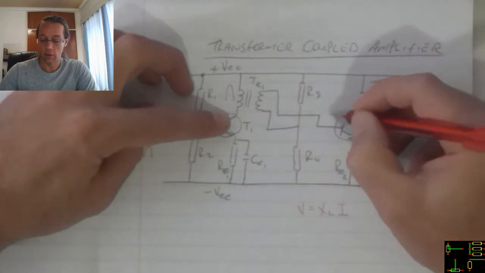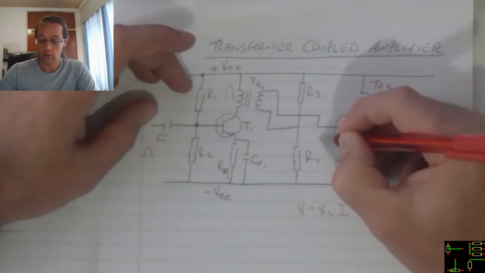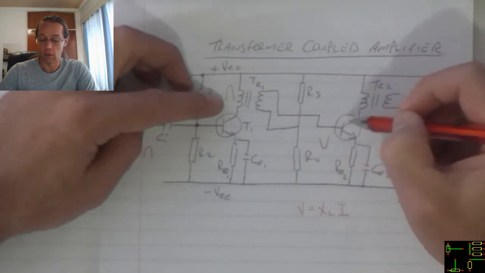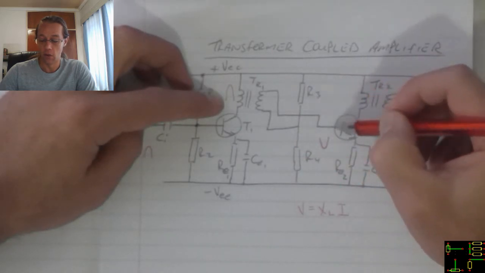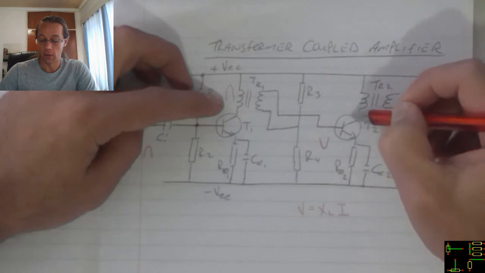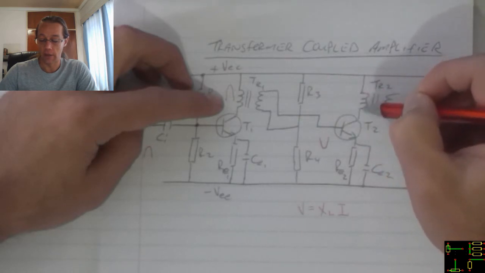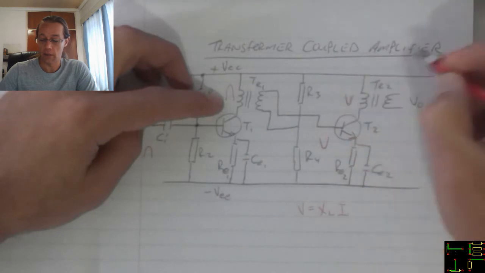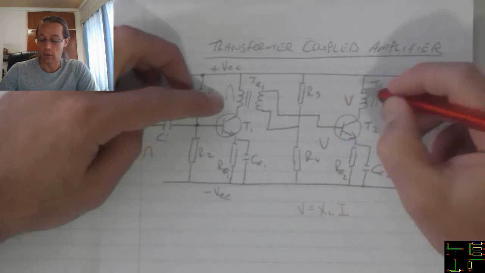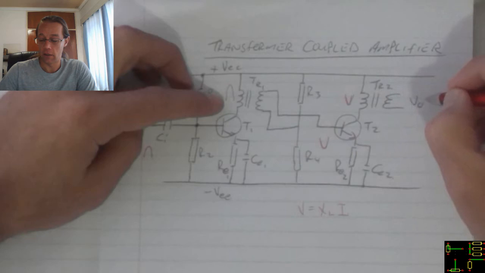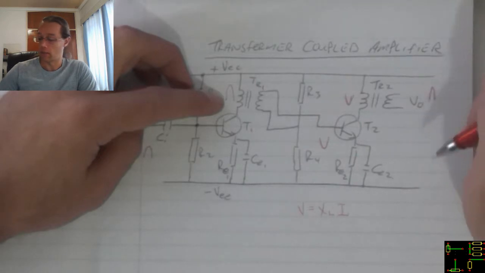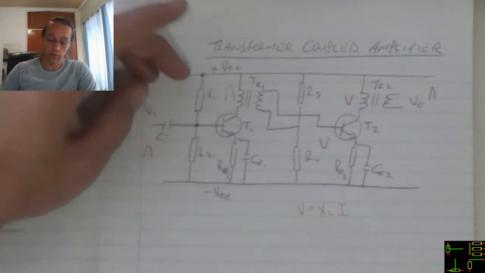As a result, this transistor will receive a decreasing voltage because it is turning more off. Because it turns more off, I've got less current flowing through there, and I will have a decreasing voltage. Because of the inverse nature of the transformer, I will have an increasing output voltage.